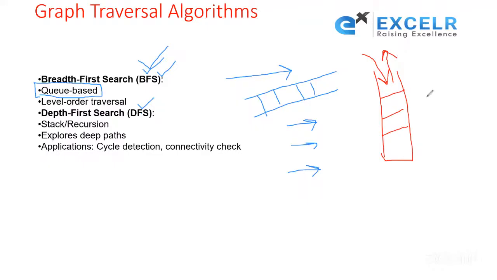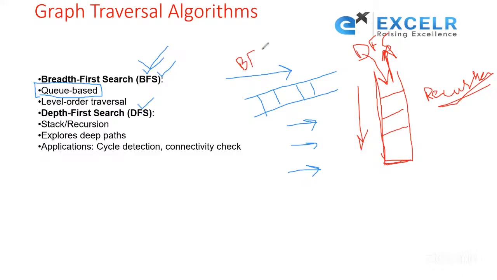Again, I am repeating. Breadth means queue. Whenever it is depth, depth means stack data structure. Whenever there is a stack, we make use of recursion. So recursion is used for the stack data structure. We have discussed it and taken so many examples. So this is DFS, depth. Depth means vertically, depth wise. Breadth means horizontally, level by level.